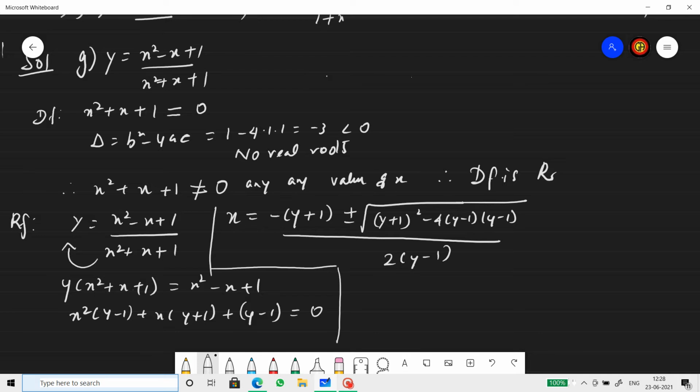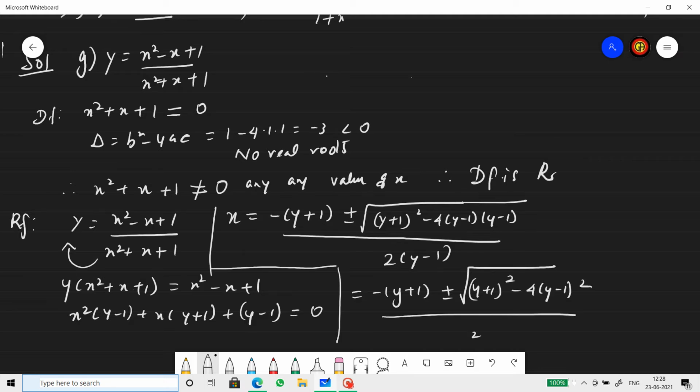So that will take us to minus of y plus 1 plus or minus root over y plus 1 the whole square minus 4 into y minus 1 the whole square, by 2 into y minus 1. Right? Alright.